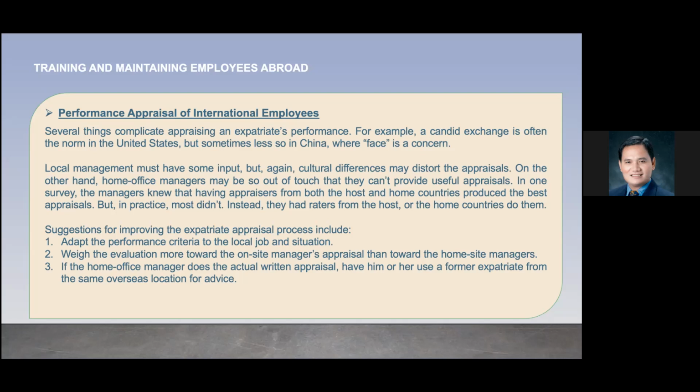Number one is to adapt the performance criteria to the local job and situation. Number two is to weigh the evaluation more toward the on-site manager's appraisal than toward the home site manager's. And lastly, if the home office manager does the actual written appraisal, have him or her use a former expatriate from the same overseas location for advice.